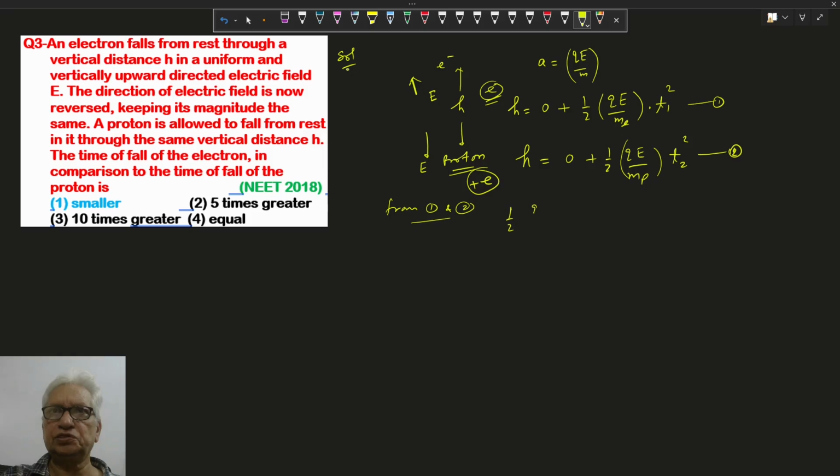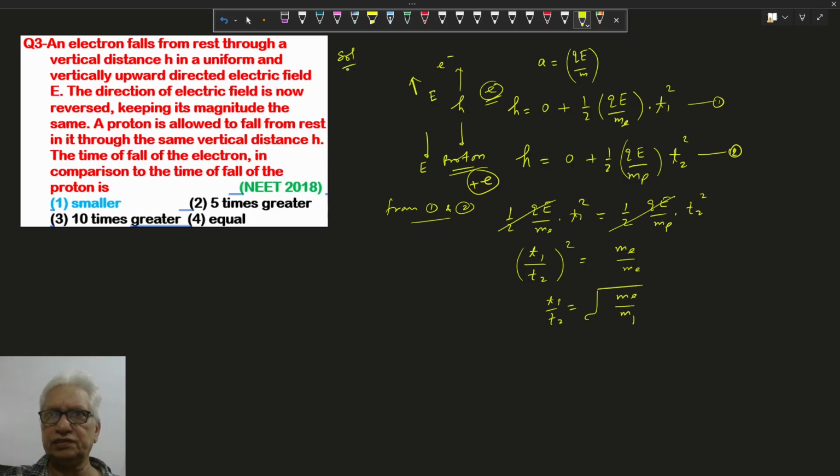Half qE divided by mass of electron T1 square equals half qE by mass of proton T2 square, q and half cancel out. Now T1 upon T2 whole square will be mass of electron upon mass of proton, and T1 by T2 will be root of mass of electron over mass of proton.